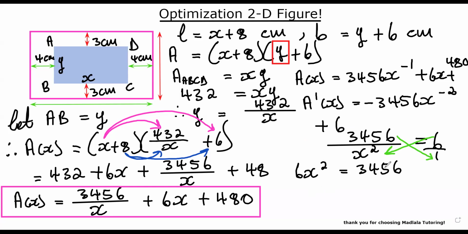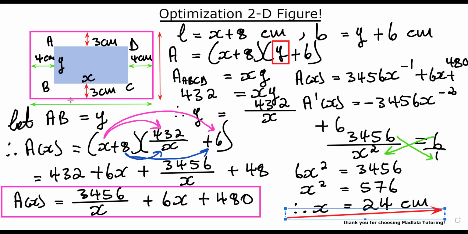And if you divide both sides by 6, you find that your x squared will be 576. And if you find the square root on both sides, you find that the value of x will simply be 24 centimeters. So this is the value of x for which the area will be a minimum.